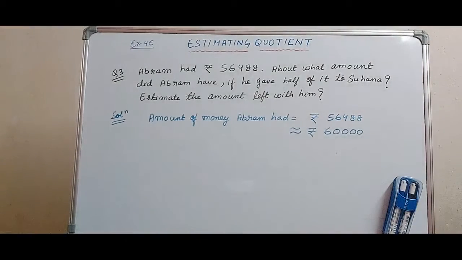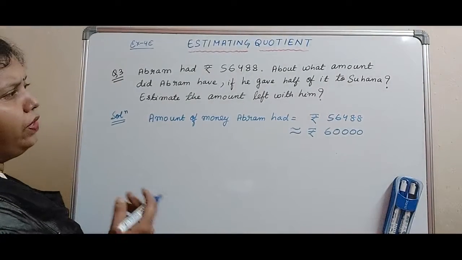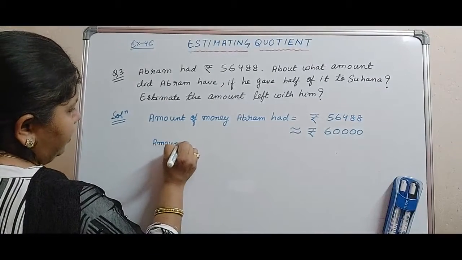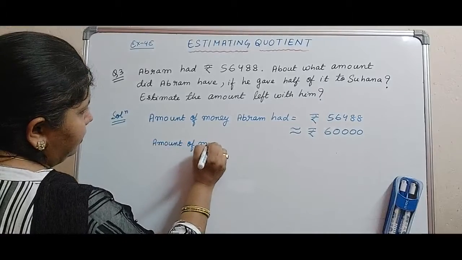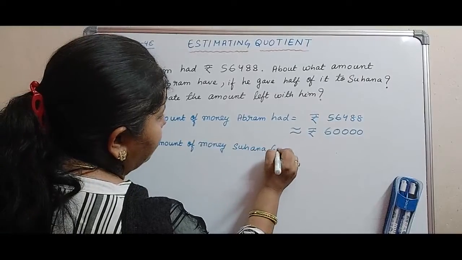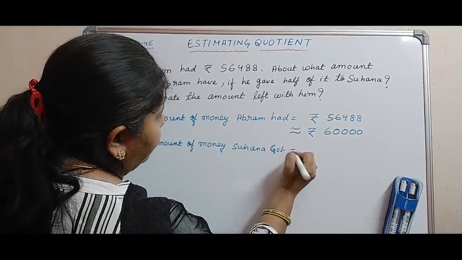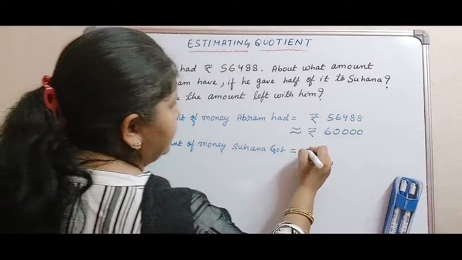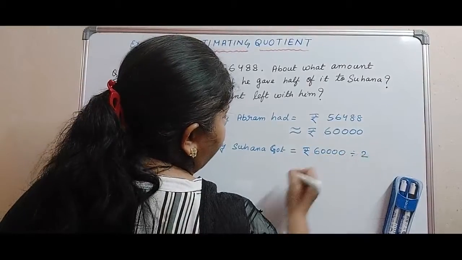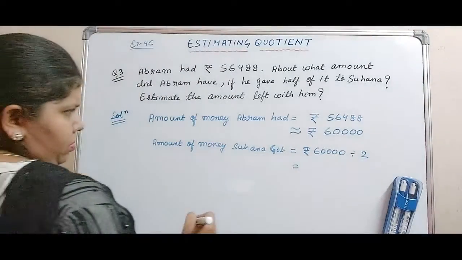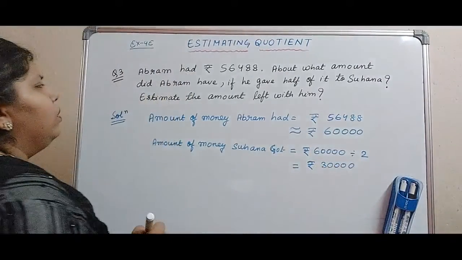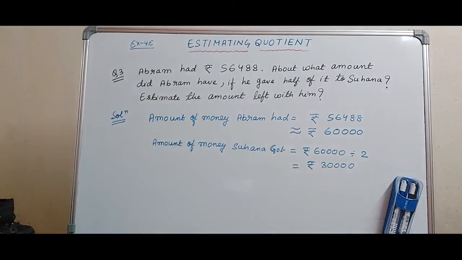Now the question is, he gave half of it to Suhana. So the amount of money Suhana got is equal to rupees 60,000 divided by 2, which is equal to rupees 30,000. The question also asks to estimate the amount left with him.